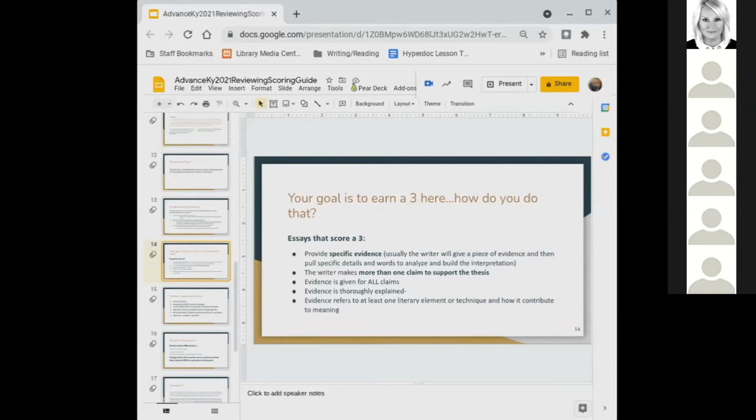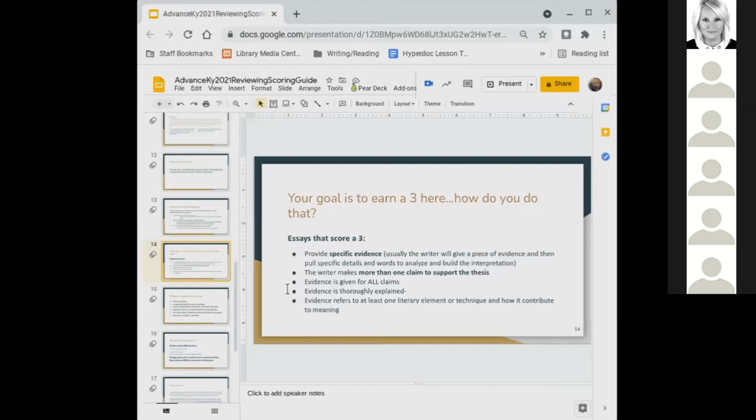You have to make more than one claim. Sometimes we might be making only one claim because we have a problem with time management, but you have to make more than one claim. It's not about the length of your piece. You can write 3 pages, but if you only make one claim, you're not going to get up to a 3 because you're not really creating a line of reasoning. You're not really making an argument.